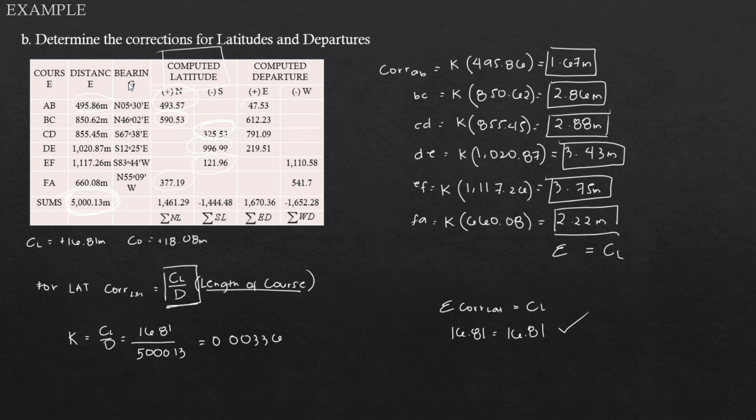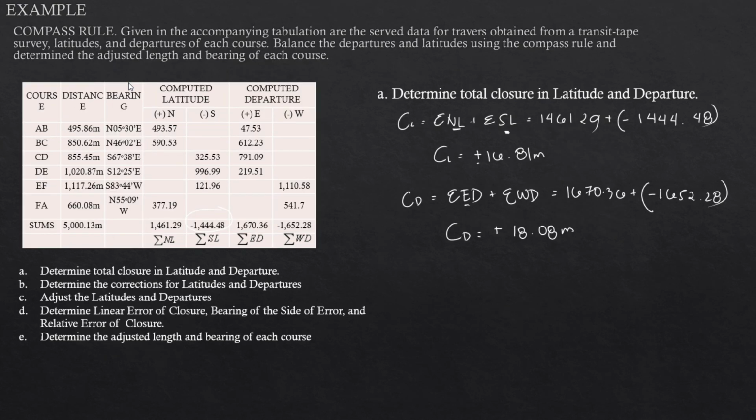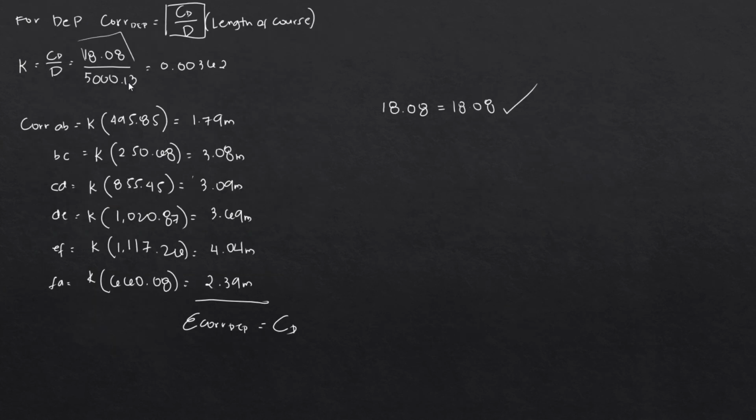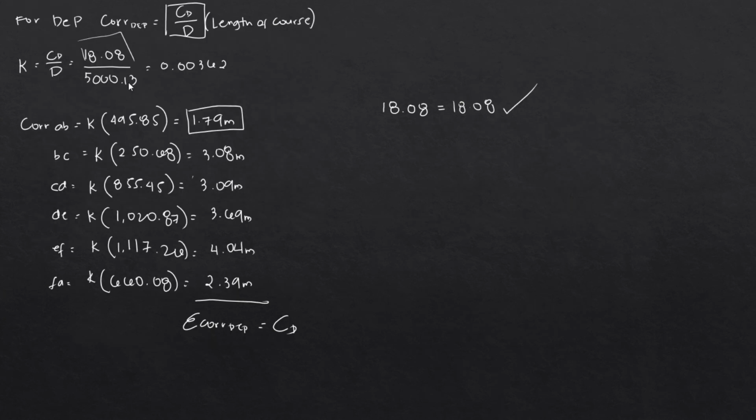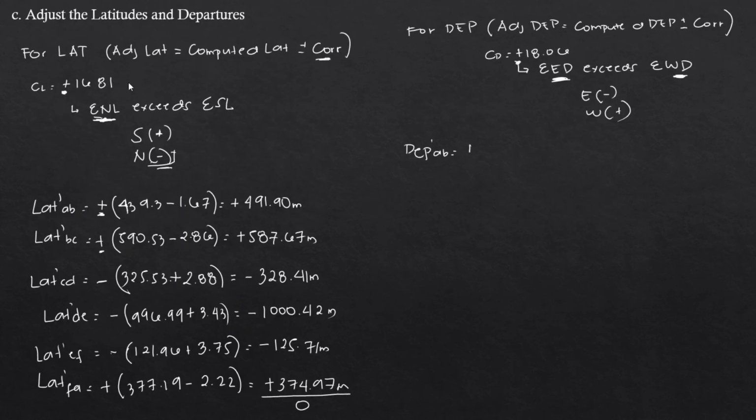So, meron tayo sa east, sa course AB, ito, 4.53. Then, correction natin is 1.79. Okay, so nasa east siya, so positive, okay? Positive siya, yung direction niya. Times, ilan yung value nun? 47.53.